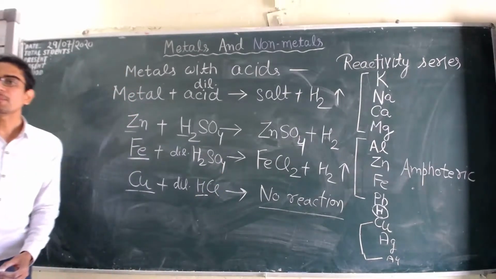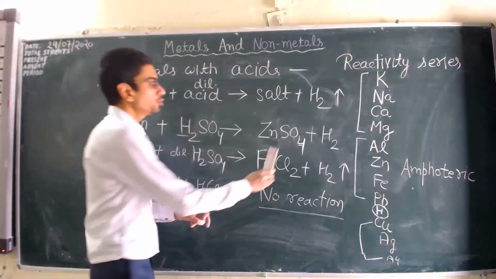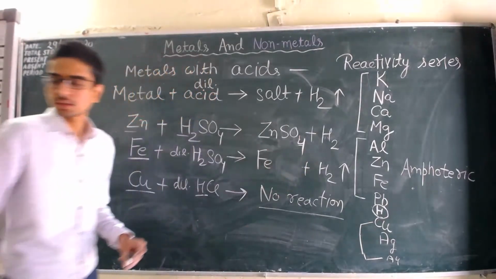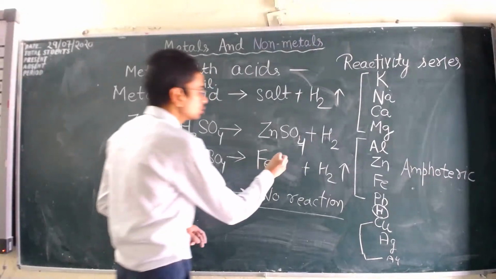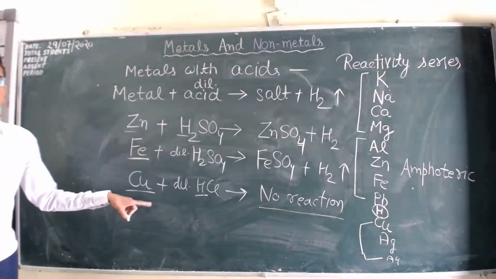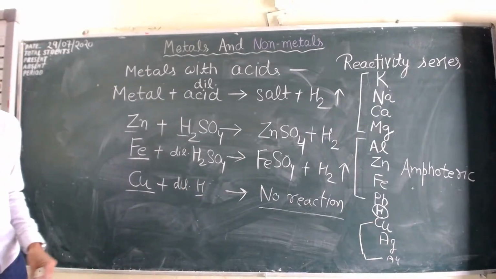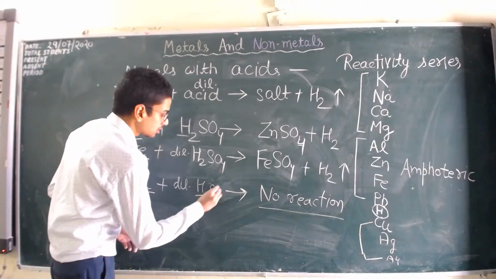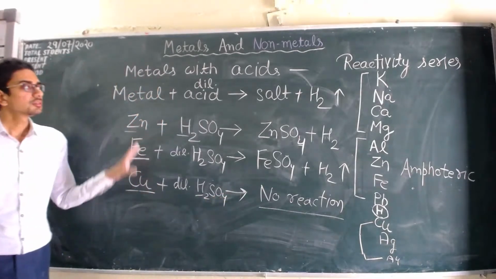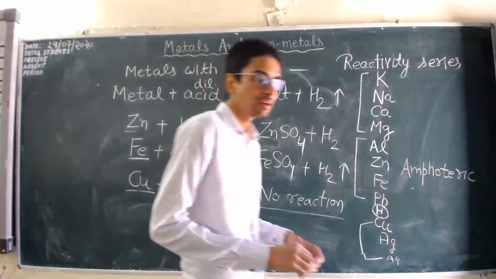Same reaction, same pattern, but since Cl2 will shift to sulfate, FeSO4. Okay. Copper with H2SO4, same, no reaction. Okay. So this was the reaction of metals with any acid. If you have any doubt, you can write.